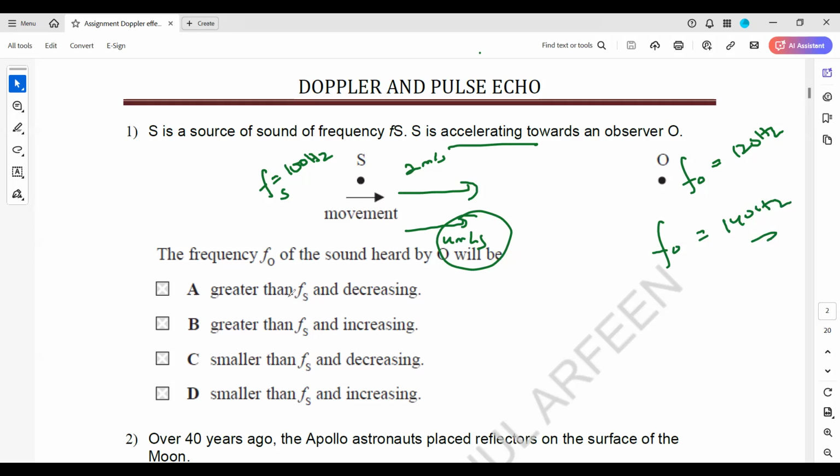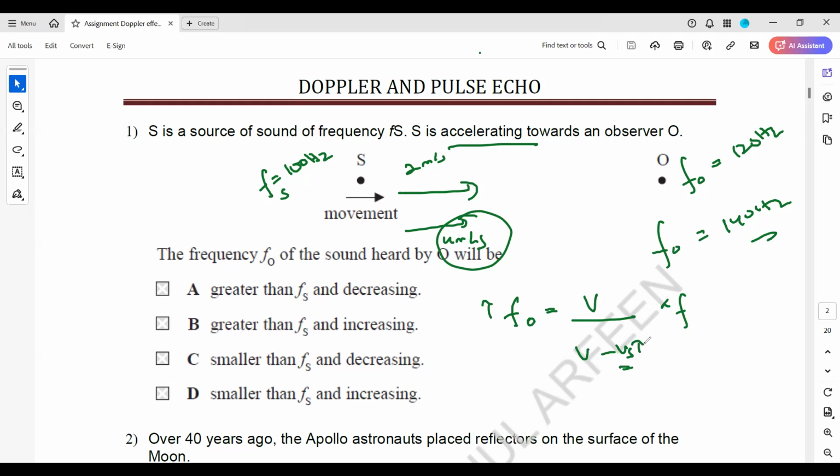Because the speed at which the object moves also affects the frequency. We have the formula for the observed frequency, if the observer is stationary: f observed equals v over v minus Vs, into Fs. So what is happening to Vs?